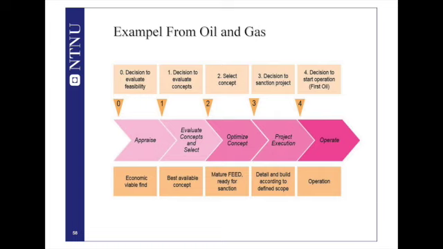And in decision gate 4, here you have one decision. Are we going to start operation, or do we need to stop or redo something? So these 5 boxes on top are top managerial decisions, usually by the licensee or the owners of the project.